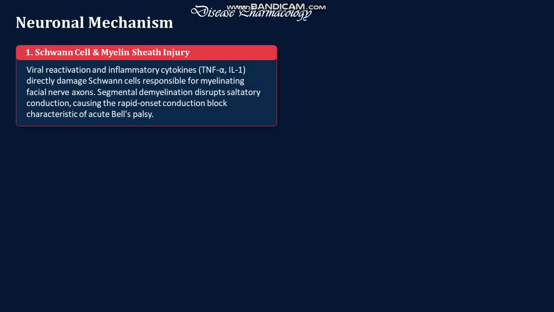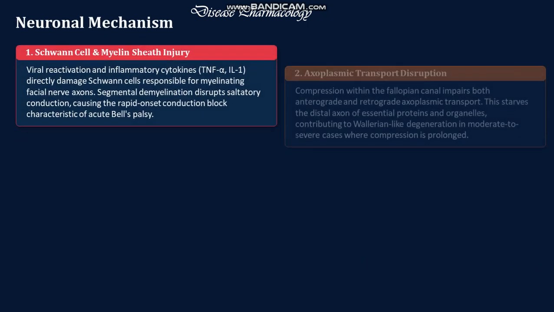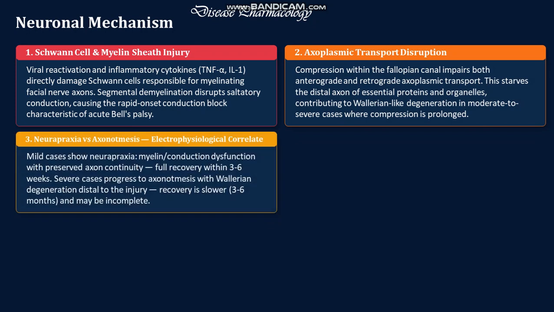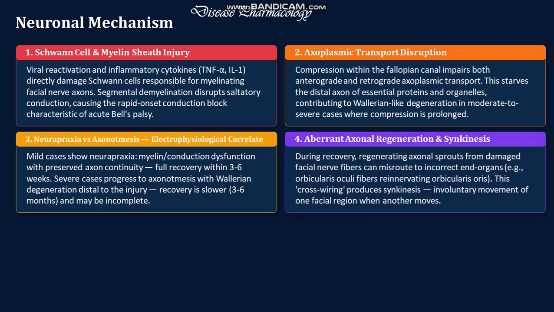Neuronal mechanism: Schwann cell and myelin sheath injury, and the response from inflammatory markers like TNF-alpha and IL-1, axoplasmic transport disruption, neurapraxia versus axonotmesis, aberrant axonal regeneration and synkinesis.